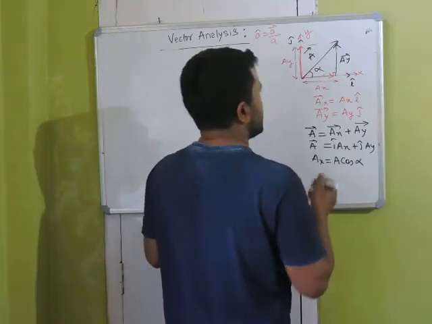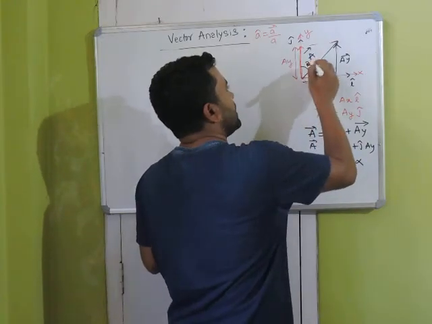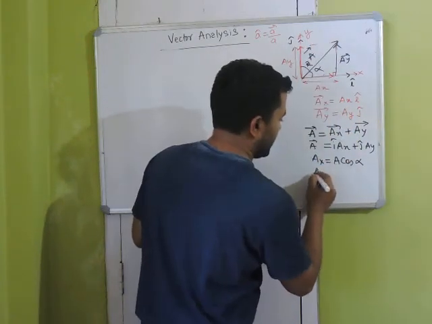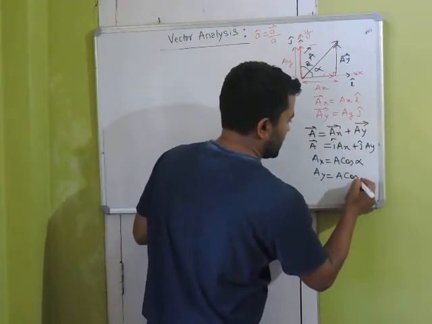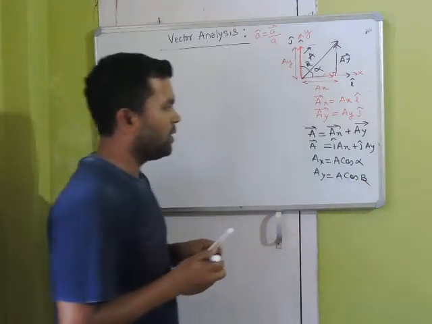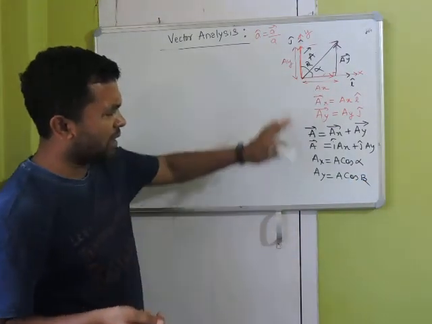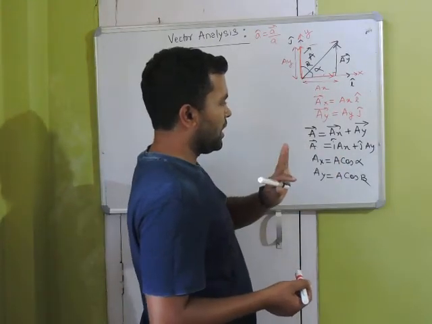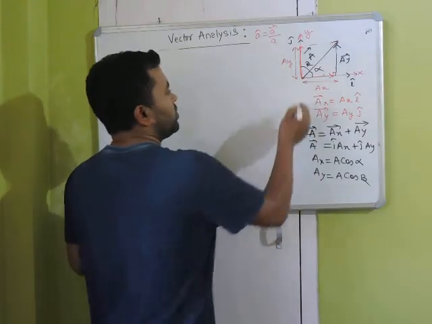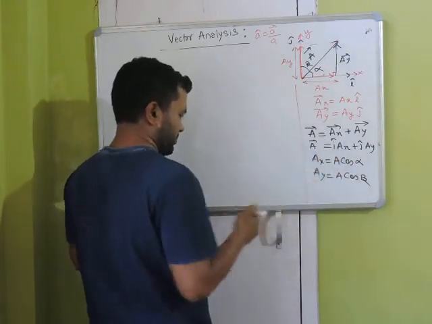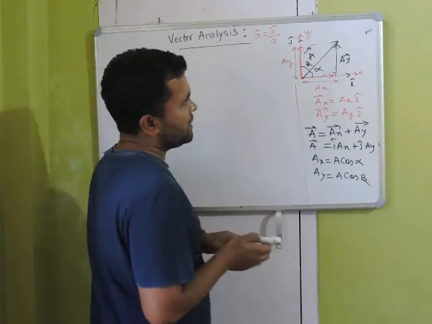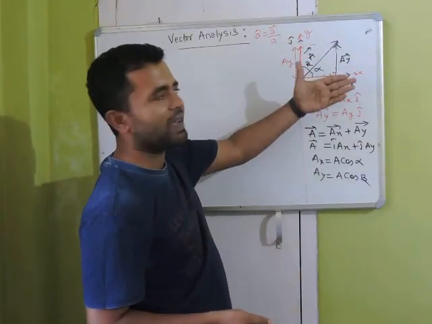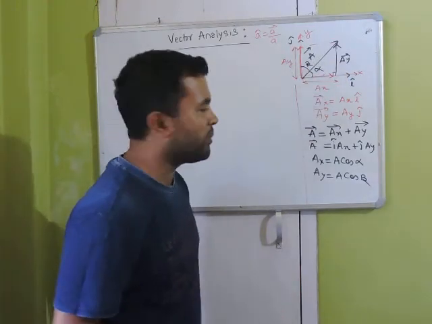In the same way, if this angle is beta, then its component will be the length times the cos of the angle, so Ay will be A cos beta. Depending on the situation, this can be represented like this. Again, this vector A in two dimensions has two parts, an x part and a y part, and that is what we call components.